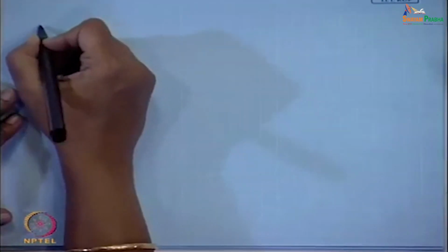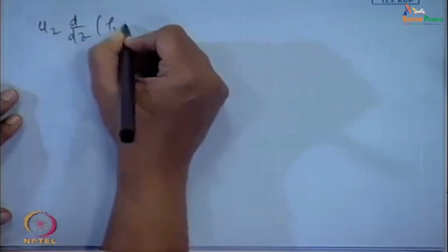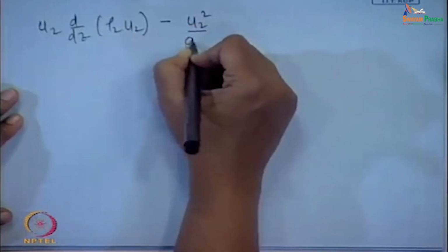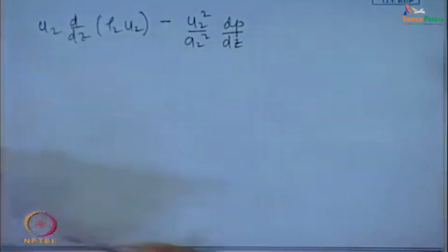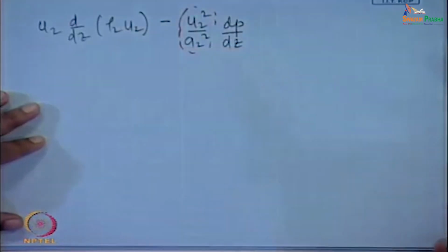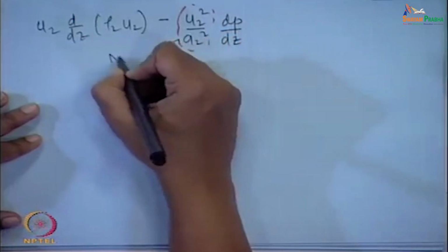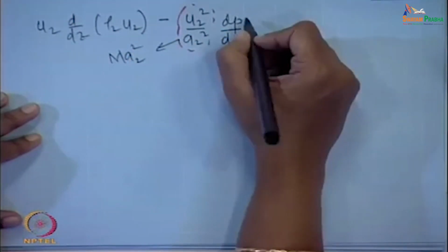Doing that, I get u2 d/dz of rho2 u2 minus u2 square by a2 square. What is this? This is the Mach number of phase 2, m a2 square. So this is nothing but m a2 square, into dp/dz.